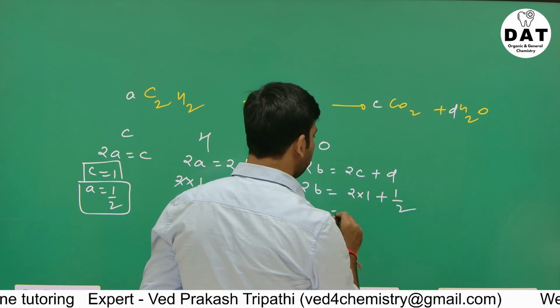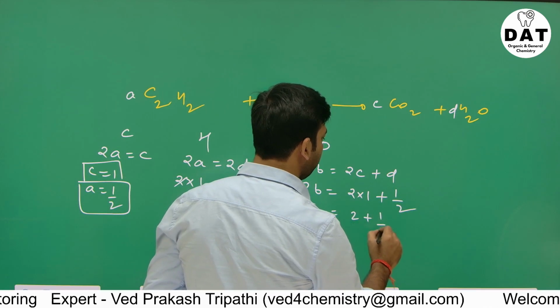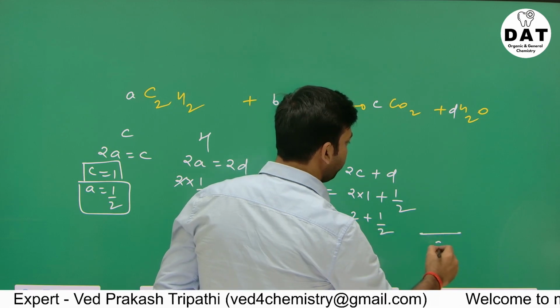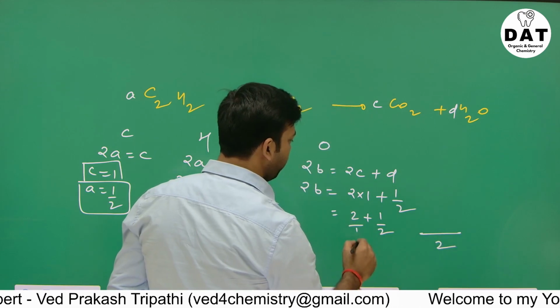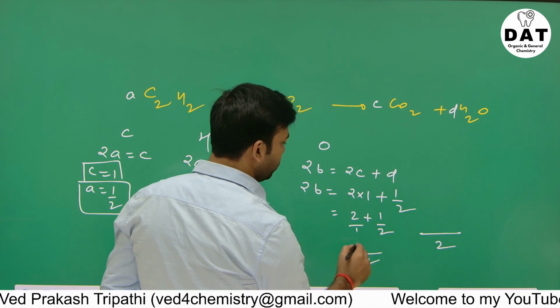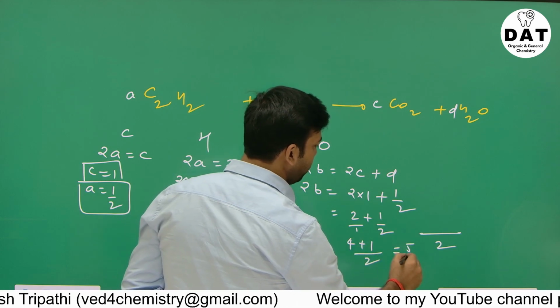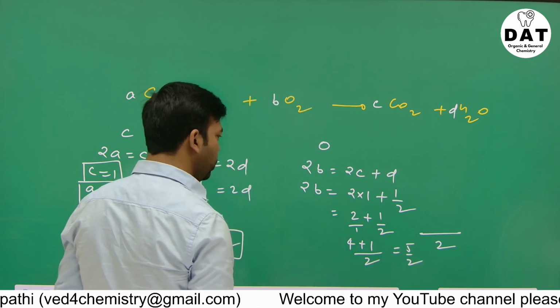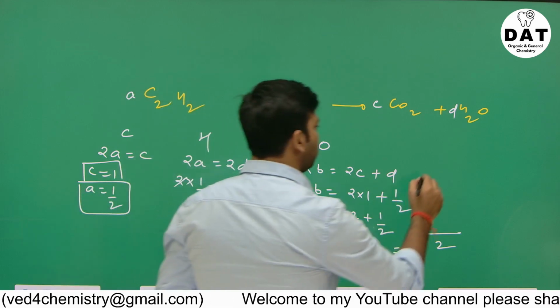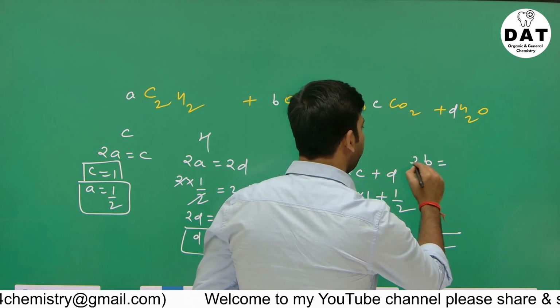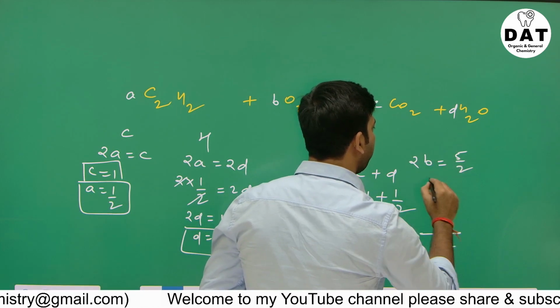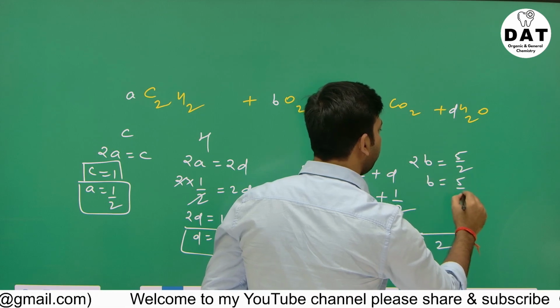So how much? 2 plus 1 by 2. So 2 is my LCM. So 4 plus 1, 5 by 2, that is my 2B. So B is equal to how much? 2B is equal to 5 by 2. So B is equal to 5 by 4.